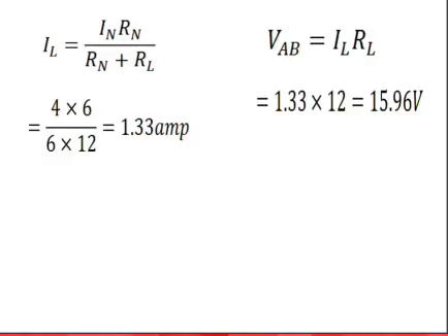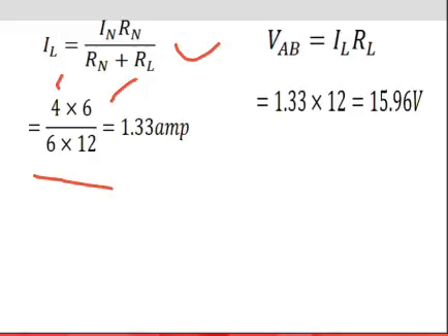You know, the value of IL equals IN into Rn divided by Rn plus RL. So, you know the value of IN, 4 amps into 6 ohm divided by 6 plus 12, that equals 1.33 amp.